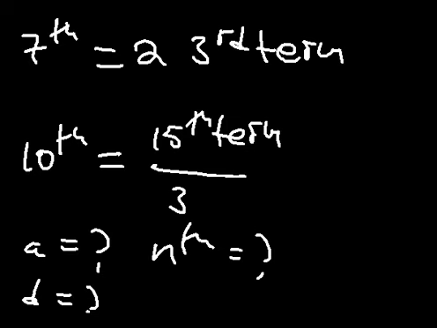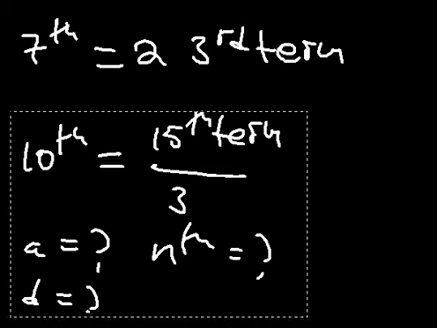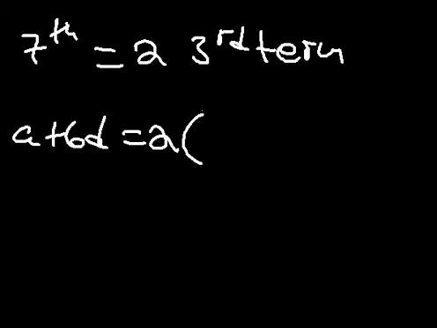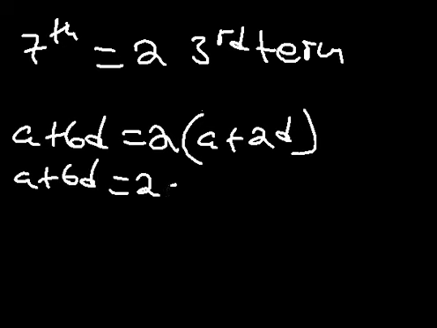The formula for the 7th term is given as a plus 6d, which is equal to 2 times the third term. What is the third term? We'll have it as a plus 2d, so we'll have a plus 6d, which is equal to 2a plus 4d.